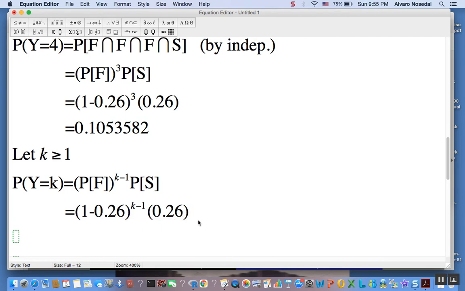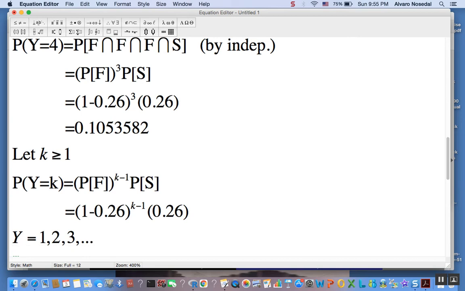Or another way of saying it is that this is the probability distribution for a random variable y with parameter p equal to 0.26. Okay, and note that the possible values for y could be 1 or 2 or 3 or any positive number.